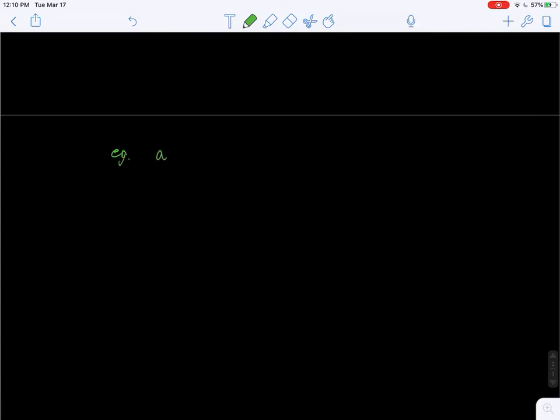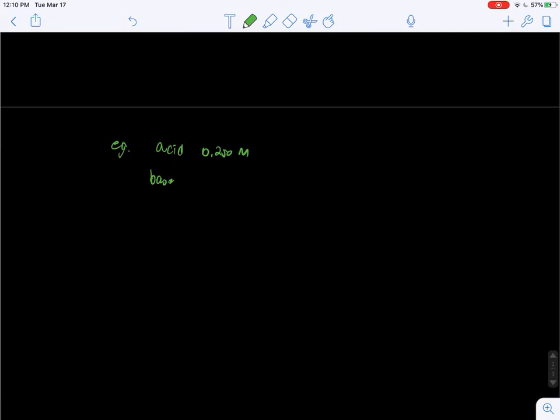Okay, let's look at another example. Again, we have the same buffer. I'll just write acid and base. So the lactic acid is 0.250 molar, and the sodium lactate, or the base, is 0.125 molar. So you can see how these are unequal. The acid reacts with OH.